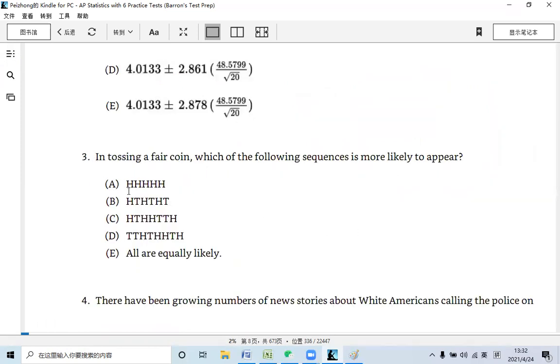Number three is a really good question. In tossing a fair coin, which of the following sequences is more likely to occur? Basically, you're tossing a fair coin.